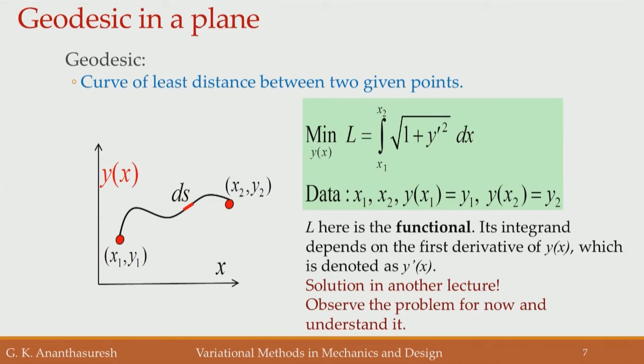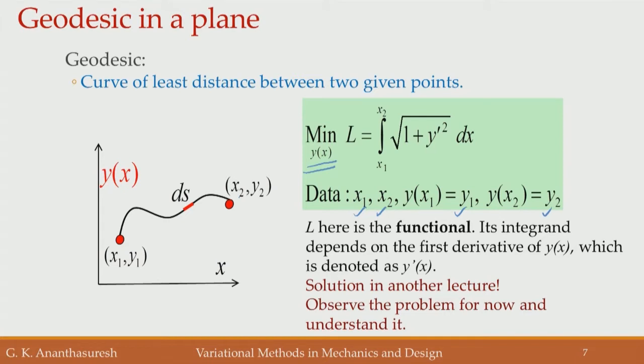So, we say this L with respect to y of x, and what is given here, the data, the two coordinates, x coordinate x1 x2 and y1 y2, that is this point and that point are given. We need to find that curve that has the least length, and that turns out to be a straight line. Anyway, we will look at solution much later.